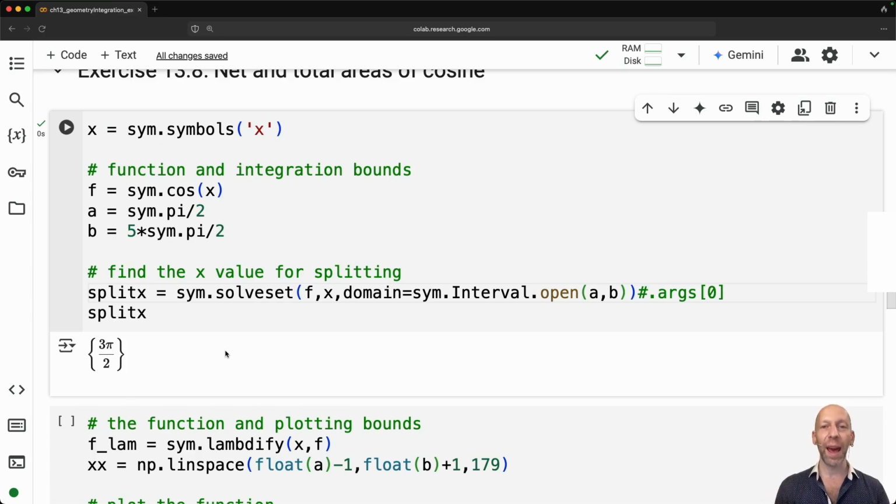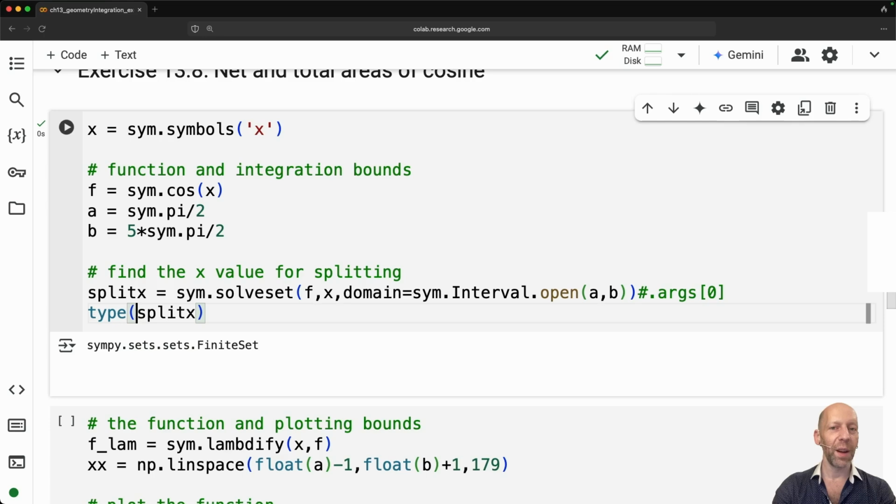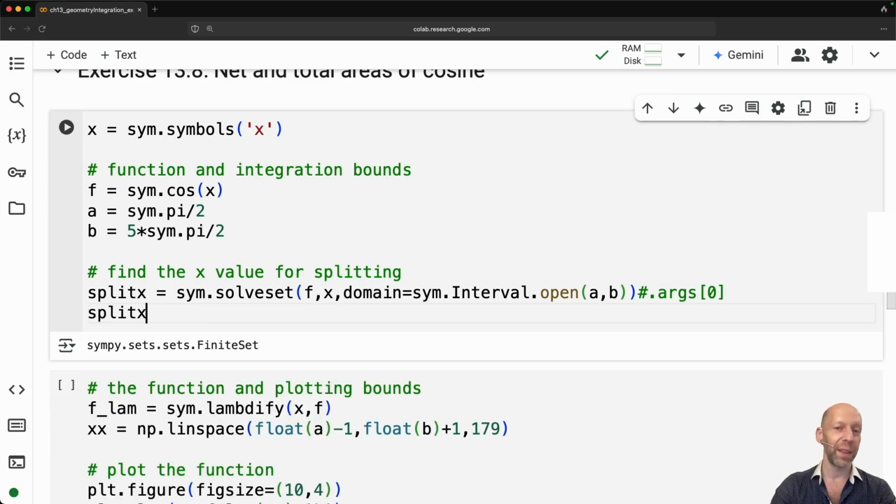This is the value of s that splits our function in the interval into 2 parts, where we have a negative lobe and a positive lobe. Okay, and now it turns out, this is a SymPy set object. We can look at the type of this. This is not so easy to work with. It's a finite set.